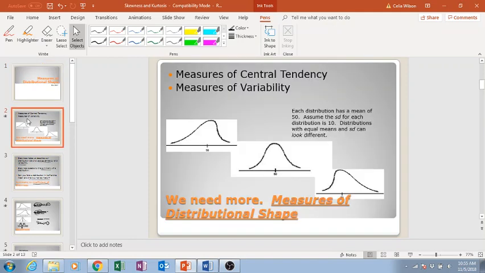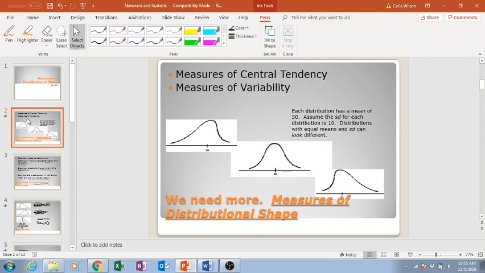and let's take a look at these three pictures. Now, granted, these are not the best pictures, but they are just intended to make a point. So if you look at each of these distributions, and remember, distributions are our sets of scores. So in this case, we have three sets of scores. Maybe they're scores from three different classes.